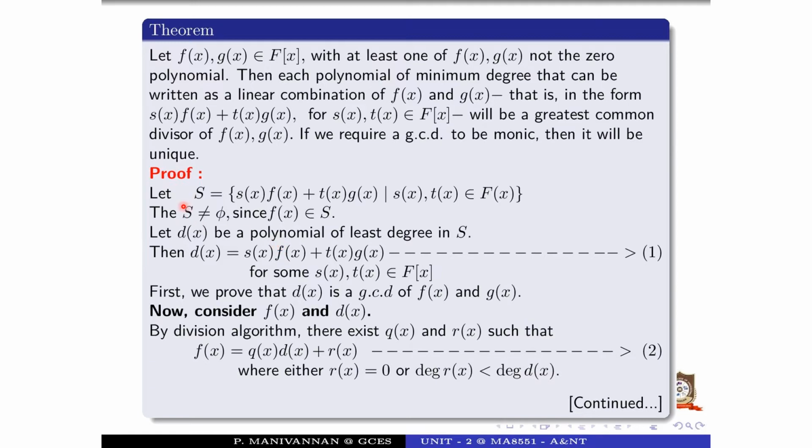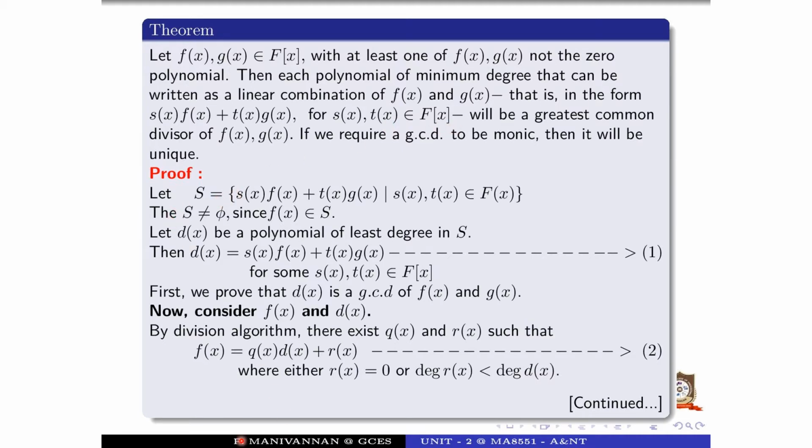Proof: first, let S be the collection of the linear combinations of these polynomials. Let S equal the set of s(x)f(x) plus t(x)g(x), such that s(x) and t(x) belong to F[x].